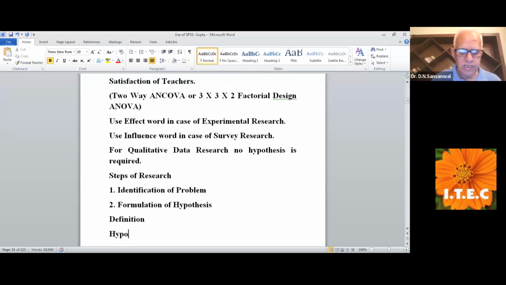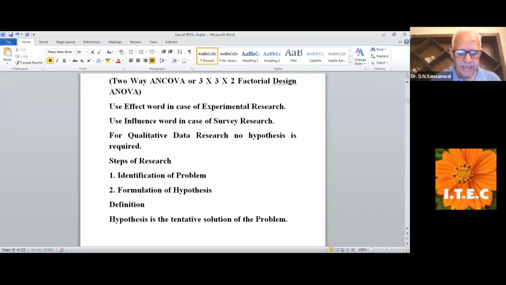A hypothesis is the tentative solution of the problem. Another is, hypothesis is the intelligent guess about the solution of the problem.